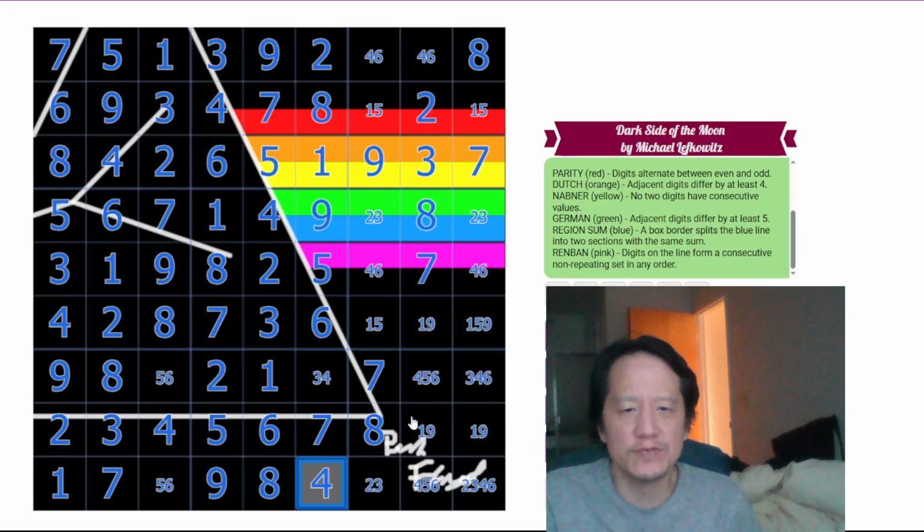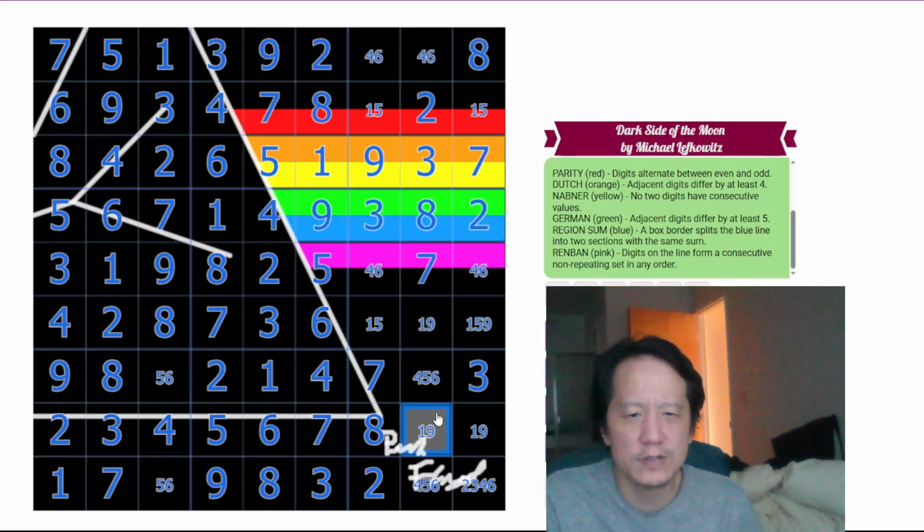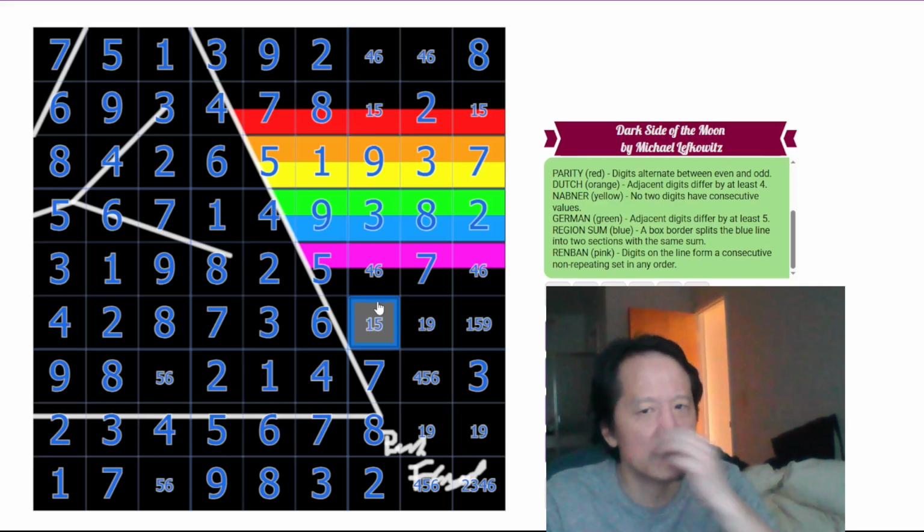So what happens if this is 4? Well, this is 3, this is 2. This becomes 4. This is 3, this is 2, this is 3. But we don't have any differentiators here.